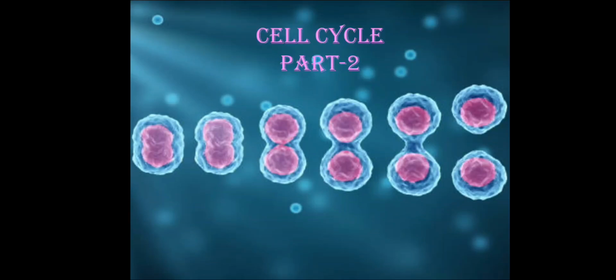In our previous class, we completed cell cycle part 1 with replicative senescence as a small topic at the last, and we started the discussion of mechanics of cell division. In eukaryotes there were two cell divisions which we discussed yesterday, that is mitosis and meiosis.